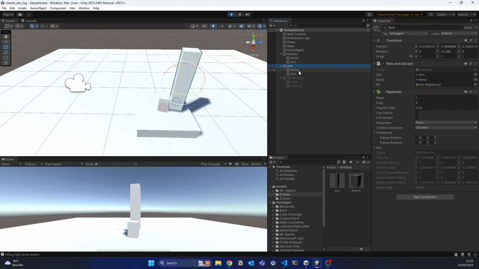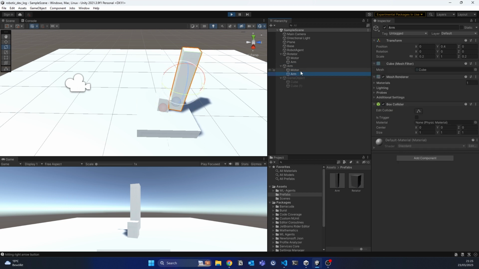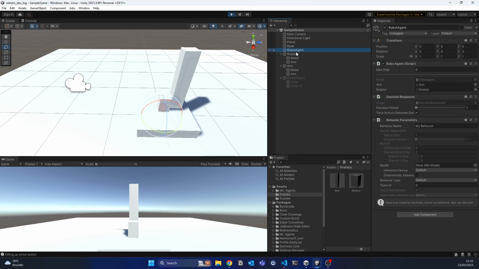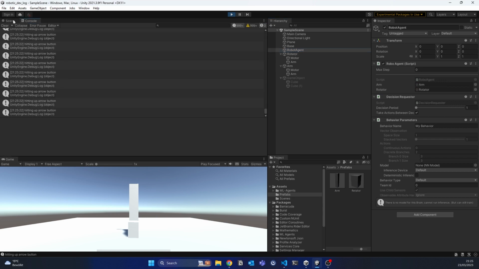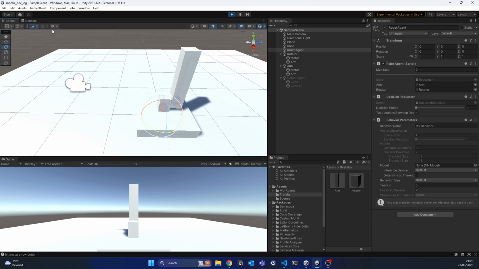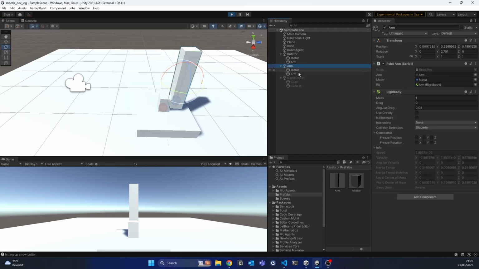So this is my rigid body. Okay, one of them is working. That's good. Do I have a problem here somewhere? Apart from the fact that we have not enough observations.